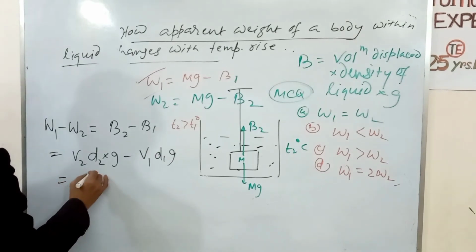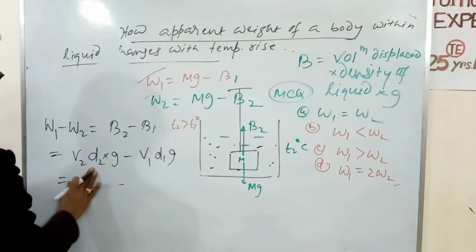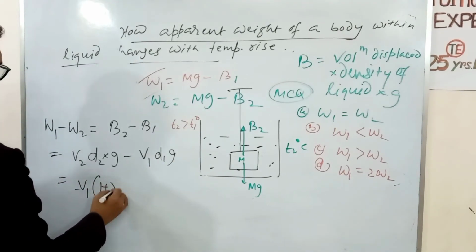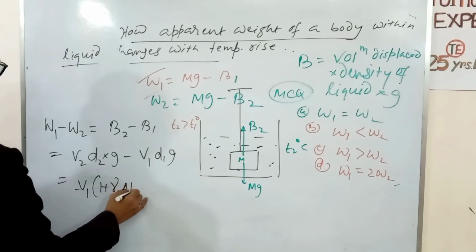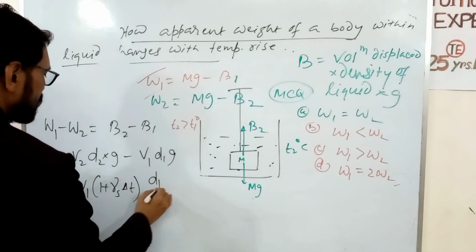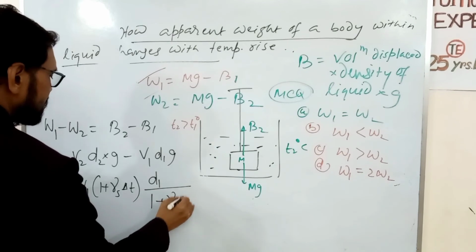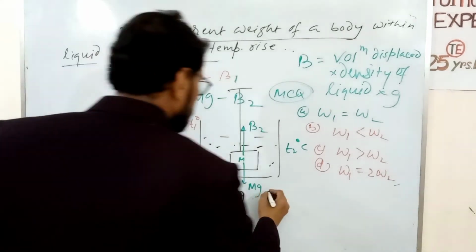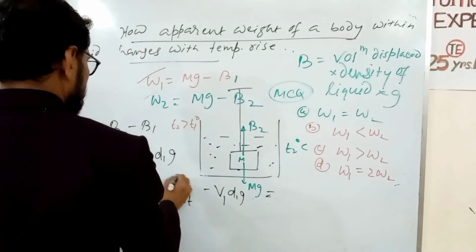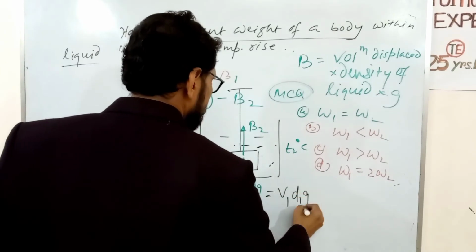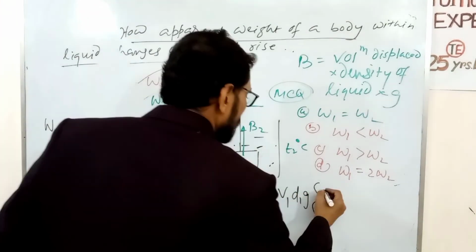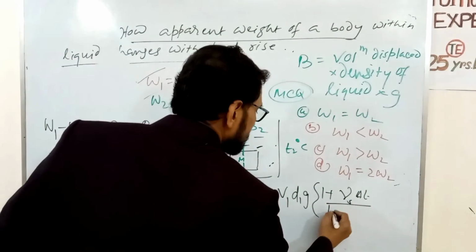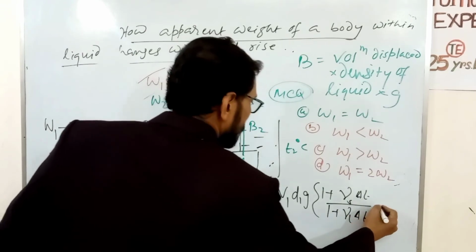Now V2 equals V1, the volume of the body, into 1 plus gamma solid into the temperature rise del T, and D2 equals D1 by 1 plus gamma liquid into del T, minus V1 D1 g. Taking V1 D1 g common, we get 1 plus gamma S del T divided by 1 plus gamma L del T, minus 1.